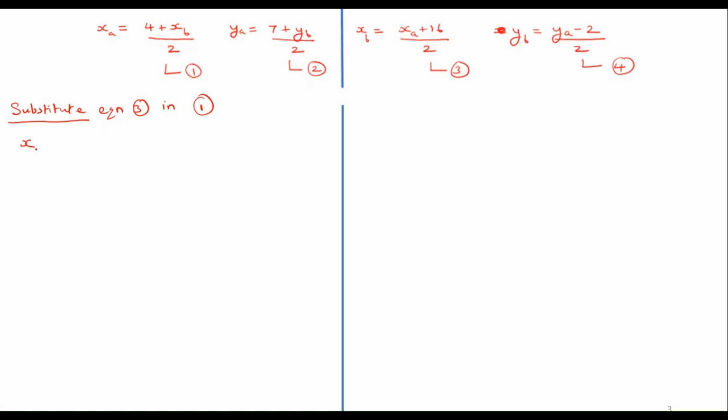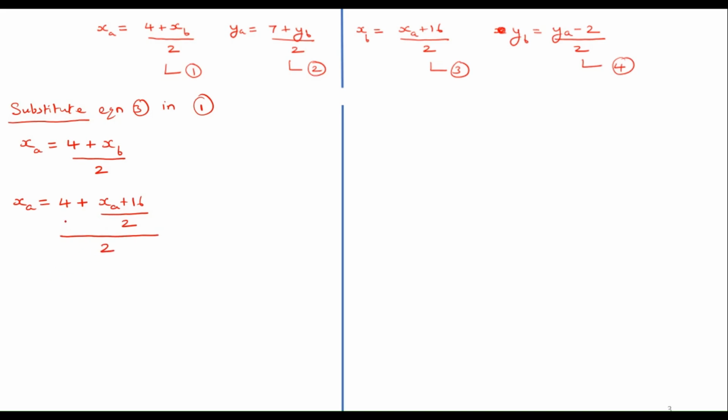Okay, now I will write xa is equal to 4 plus xb upon 2. Instead of xb I will take this entire thing. So xa is equal to (4 plus (xa plus 16) upon 2) upon 2, and then again divided by 2 as it is in the equation.